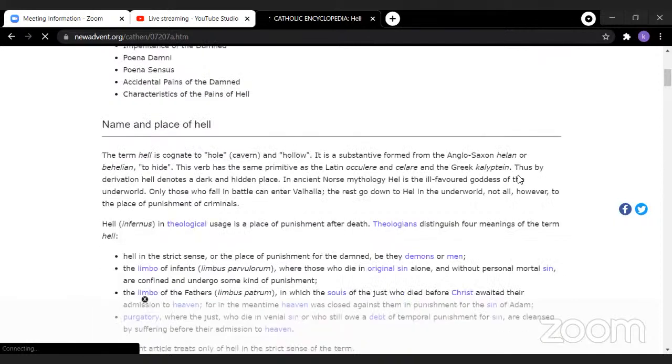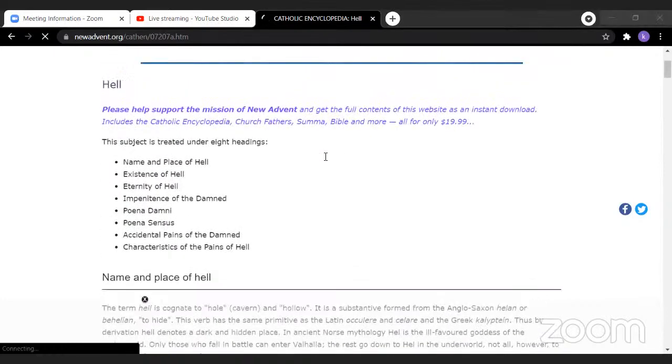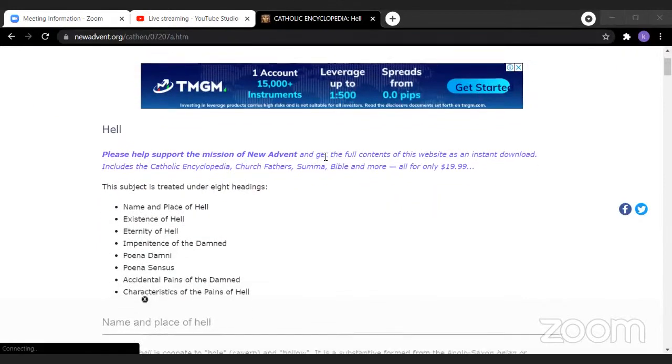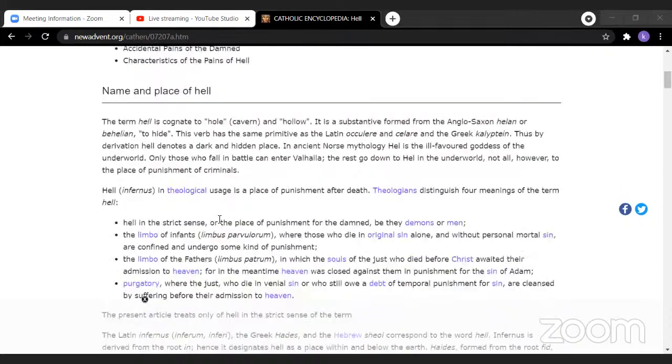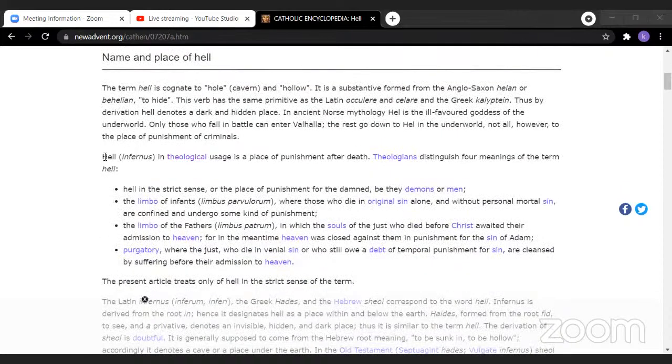Let's see. This is newadvent.org. Okay, so we went through all of this. Hell is a cognitive hole, cavern, hollow. Hell, infernus, in theology. Usage is a place of punishment after death.